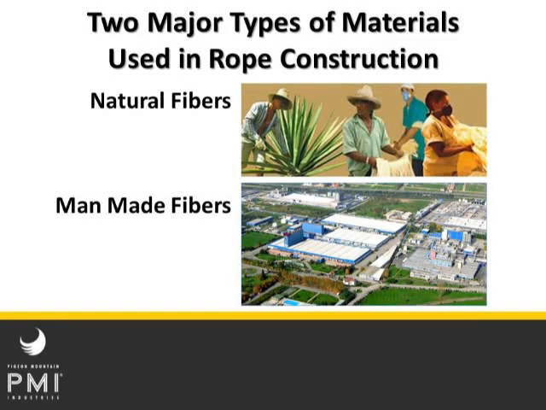There are two major types of materials and two major kinds of rope plants: the plants in the ground and the plants that you build out of concrete and steel. And the natural fibers pretty much got legislated out of existence by things like the NFPA standard, that they have some problems, and we'll talk about the differences between natural and man-made fibers. But they're still made and they're still out there.